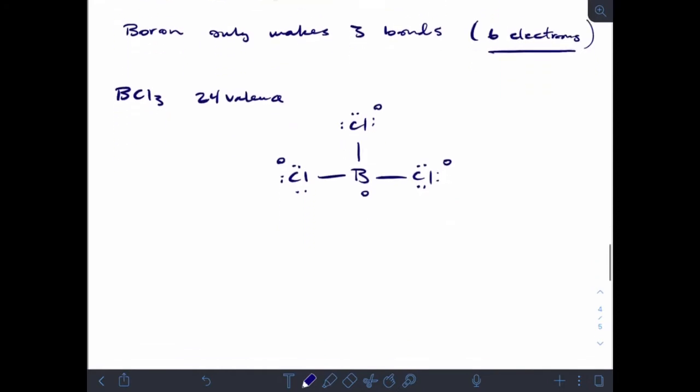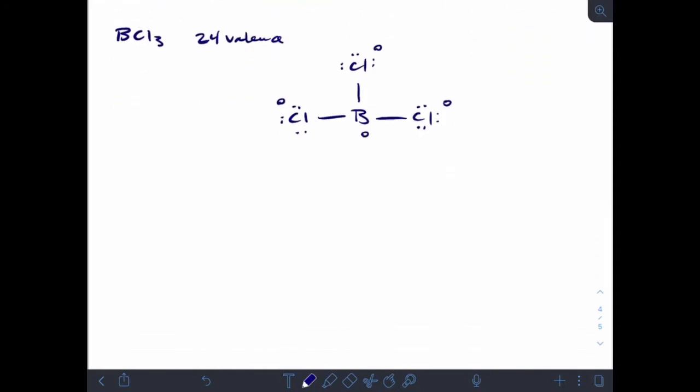Now, an interesting way that this plays out is in a molecule called diboron hexahydride, so B2H6. And what we get is an interesting sharing of bonds. Because boron really doesn't want to have 8, it would prefer to have 6.